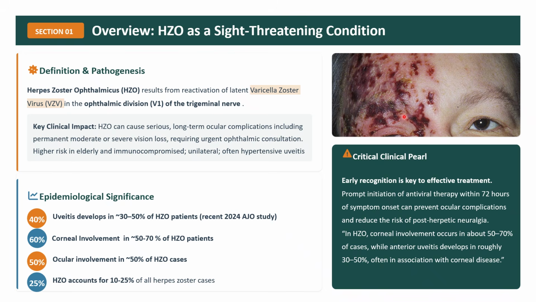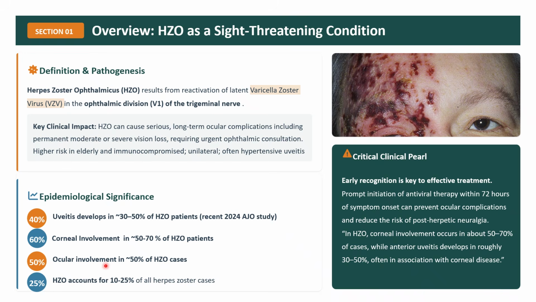This is one. Number two, remember the figure 50. This disease is characterized by the rule of 50. 50% of cases will present as uveitis, and 50% of herpes zoster ophthalmicus will have corneal involvement in the form of hypoesthesia, neurotrophic keratitis, or nummular keratitis. And another 50% of herpes zoster ophthalmicus will have ocular involvement.